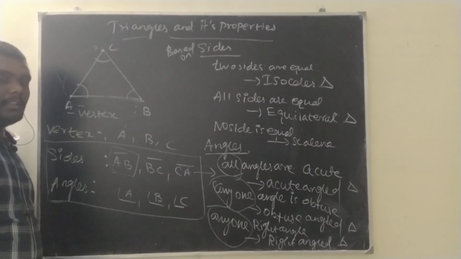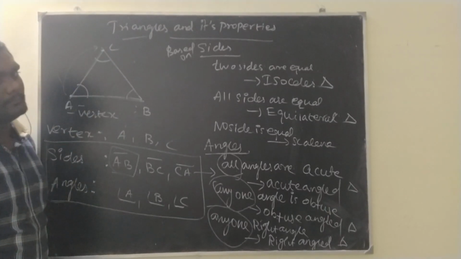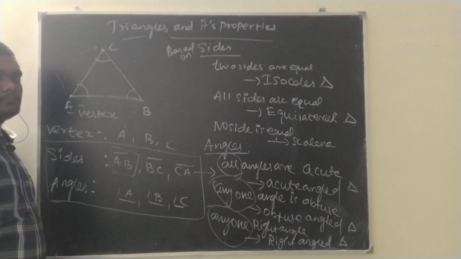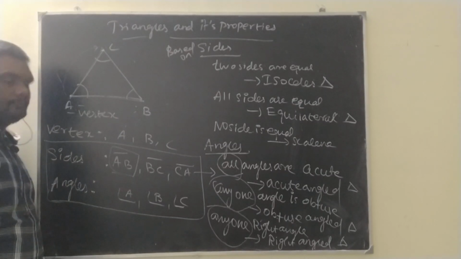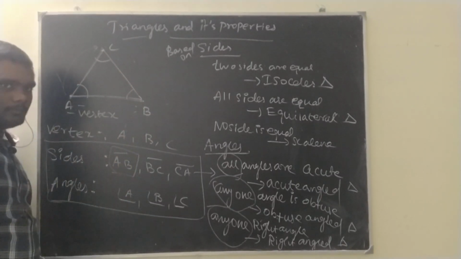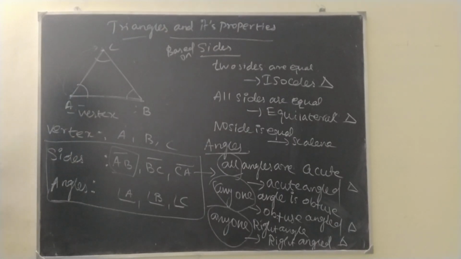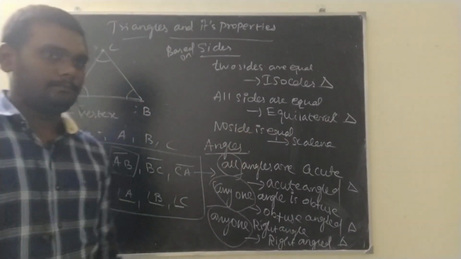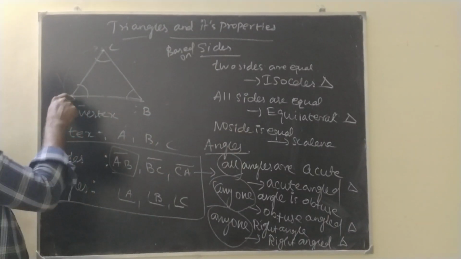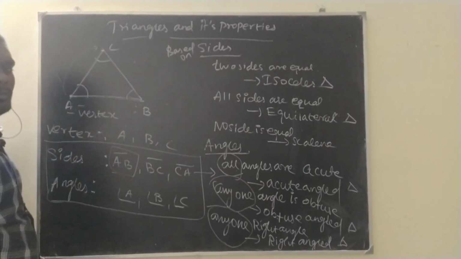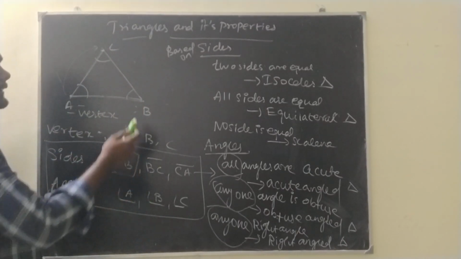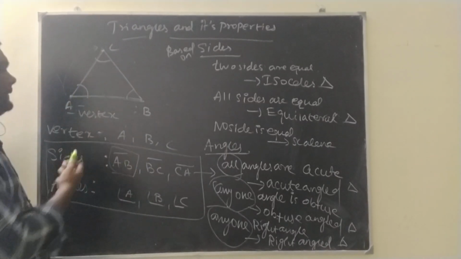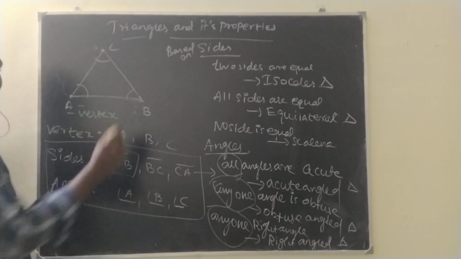But in the case of opposite sides, for AB, is any opposite side there? No. For BC, no. Now, the side which is opposite to the vertex A, the vertex is here, BC is opposite to the vertex A. And the side which is opposite to B is AC, and the side which is opposite to C is AB.